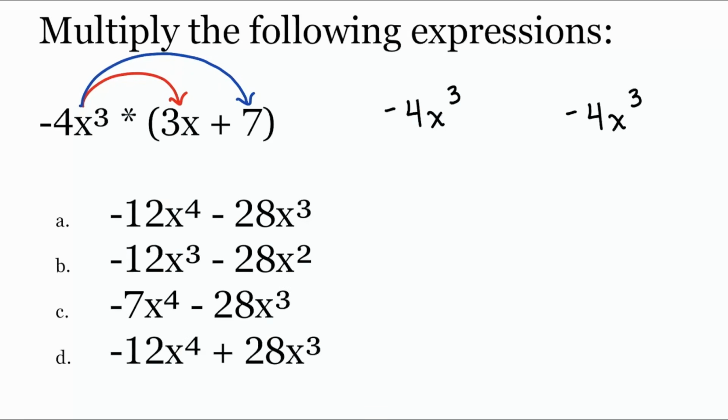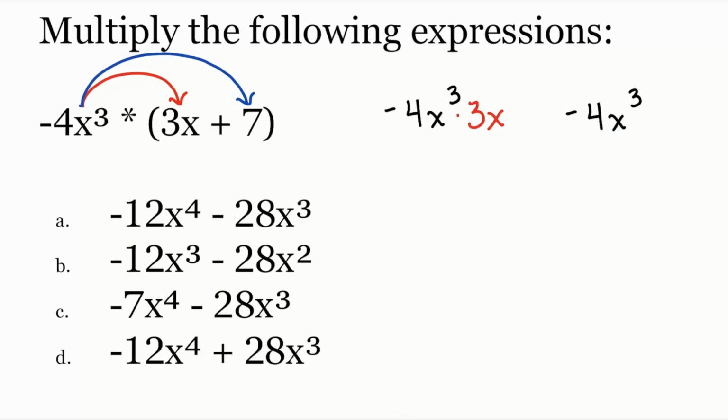We're going to do negative 4x cubed multiplied by 3x. So I'll write the 3x right there. And then we see that it's also going to be multiplied with that 7. Now be very careful here, everybody. When I have a negative number multiplied by a positive number, off the top of your head, what's that going to be?